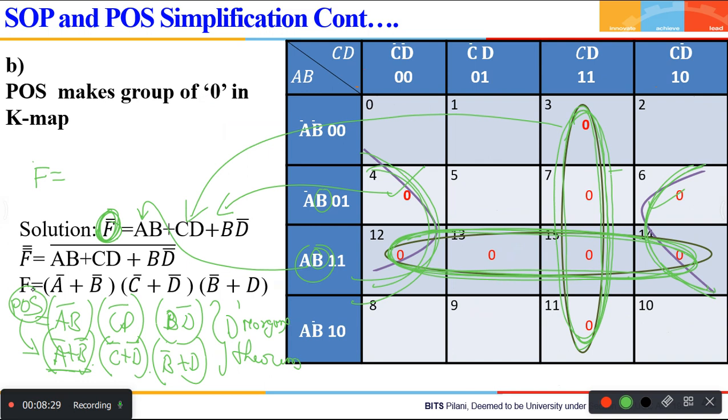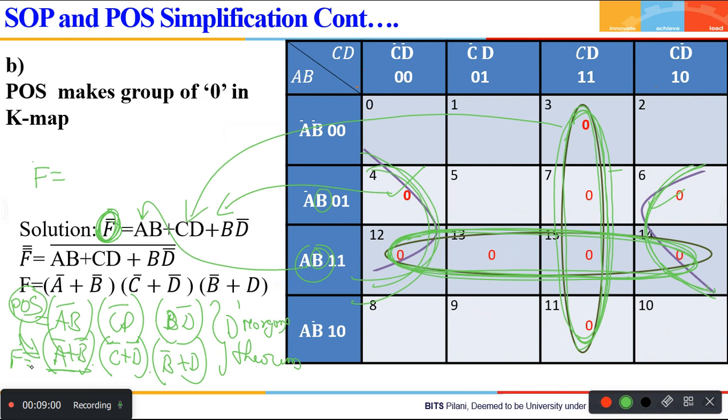The previous one, ultimately you are going to get F only, right? This is F only. See, this is F, F bar is. So whenever it has been asked to write the result using product of sum, instead of combining 1s, what you should combine? Zeros.